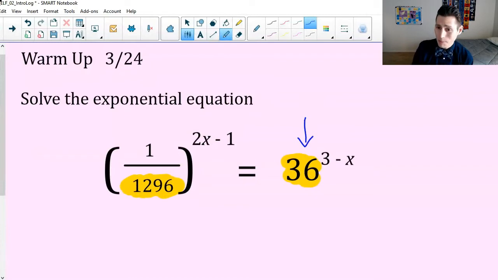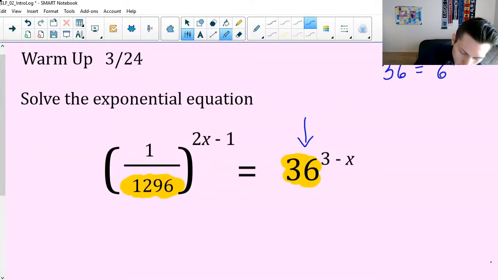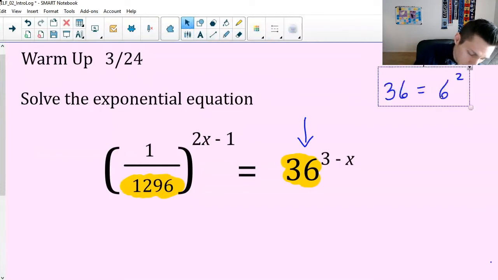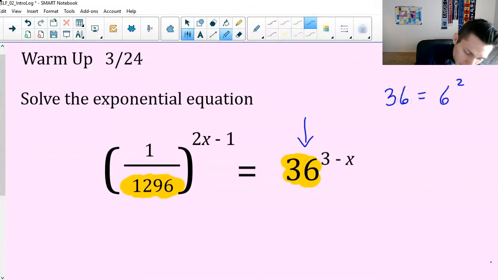And remember, we're trying to think about powers here. So I know that 36 is the same thing as 6 squared. And I'm not sure that there's any other power that makes 36. So I'm pretty sure that my base is going to be 6. I just need to figure out 6 to what power is going to make 1,296.